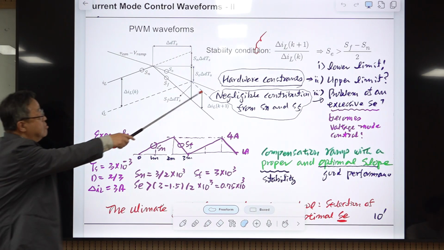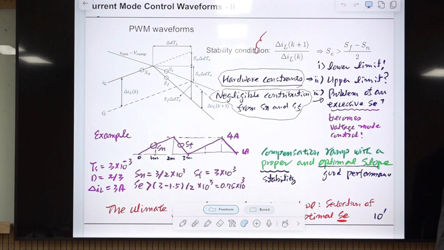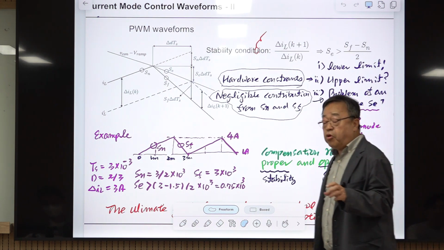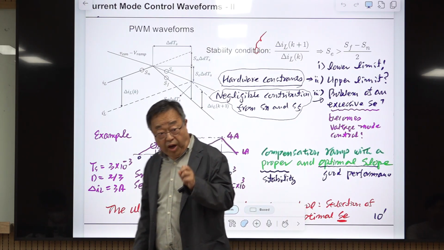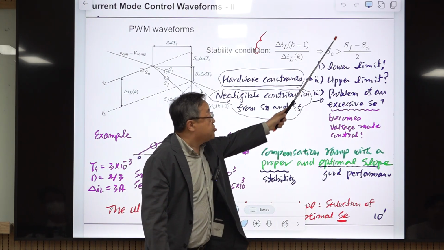This is the condition to avoid the subharmonic oscillation without external ramp. With external ramp, to avoid subharmonic oscillation with the duty ratio larger than 0.5, you should add an external ramp slope which is larger than this.